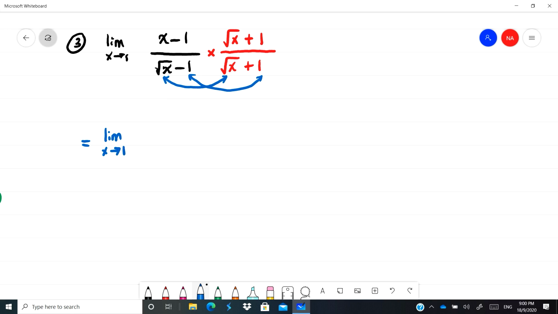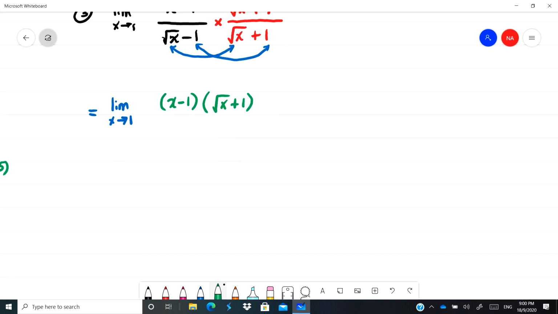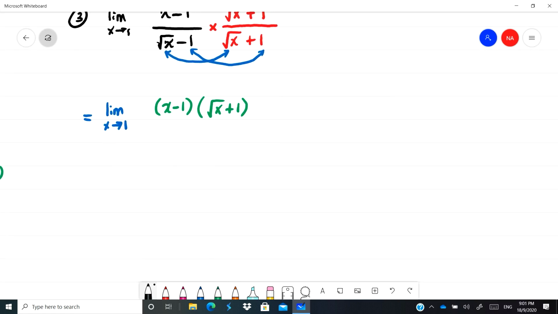The numerator, you don't do anything: x minus 1 in the bracket, square root of x plus 1 in your bracket. Now expand the denominator. You have the square root of x multiplied by the square root of x, which gives x, minus 1 multiplied by 1, we get minus 1.